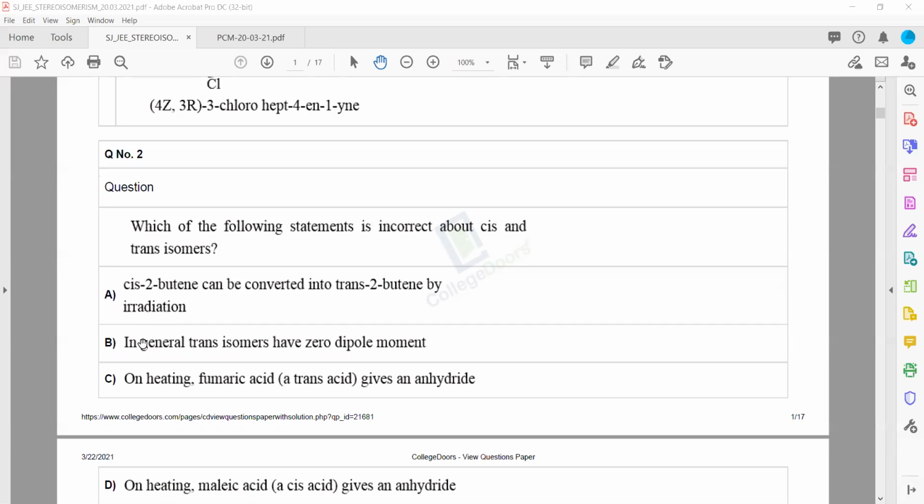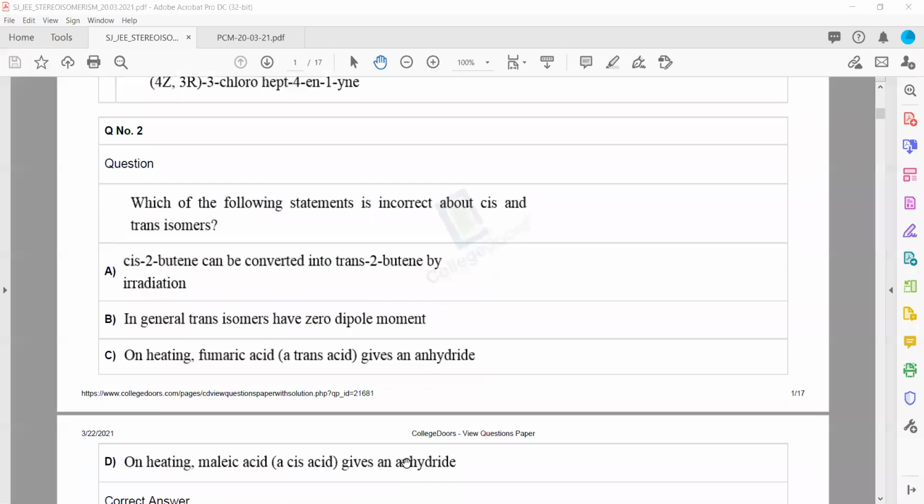Second, in general, trans isomers have a zero dipole moment. In general, yes, but is it always the case? No. It depends on the substituents, and that we have already discussed. And on heating, maleic acid gives an anhydride, definitely correct.